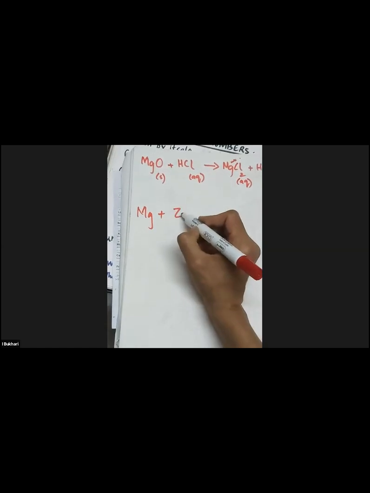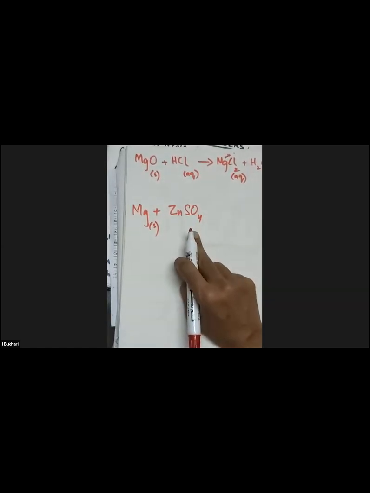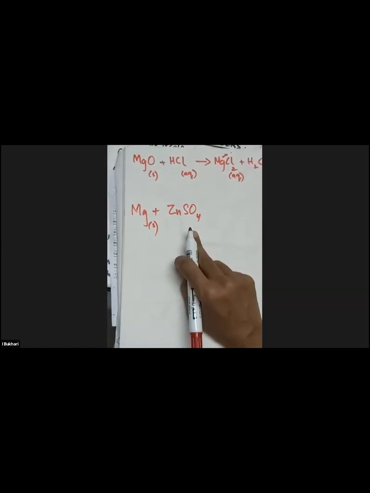Okay, so that's it for the symbol equation. Next question. Magnesium sulfate is produced when magnesium is added to zinc sulfate. This is solid. I know this is a metal. Zinc sulfate: all the sulfates are soluble except for barium, calcium, and lead.